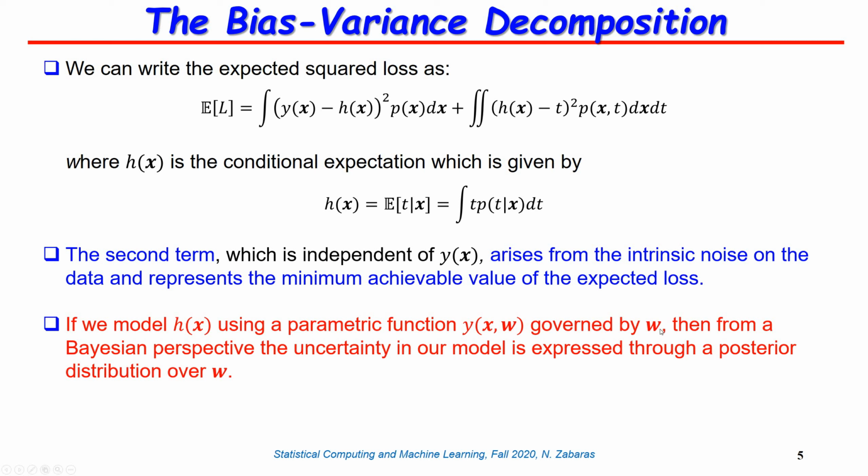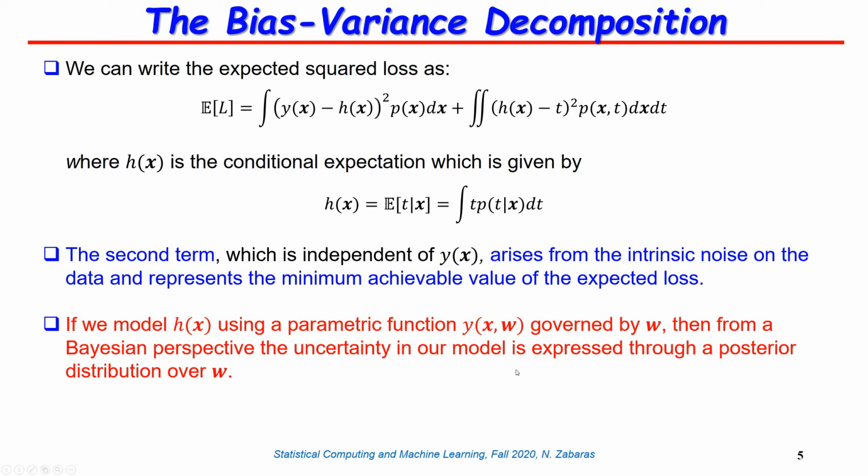But in a Bayesian setting, w is going to be a random variable. So we're going to put a prior on w and we will derive some posterior on w. My point is, the uncertainties in the regression function are going to be induced by the uncertainties in w, because w are random variables.